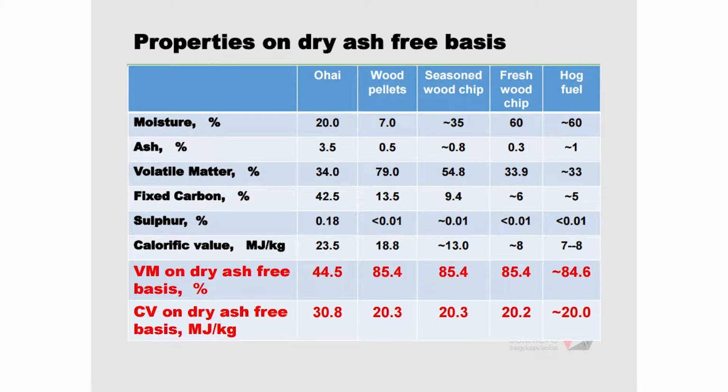Okay, on the dry ash-free basis, it's a very important figure. Volatile matter for coal, 55%. For wood pellets, no matter what the wood material is, on the dry ash-free basis, they are very much the same.